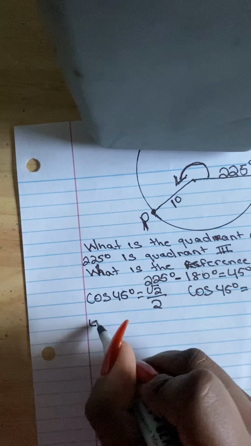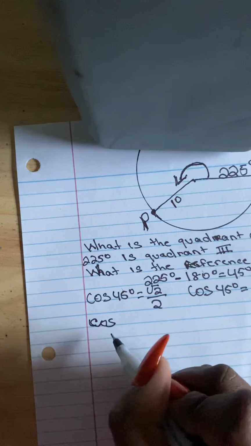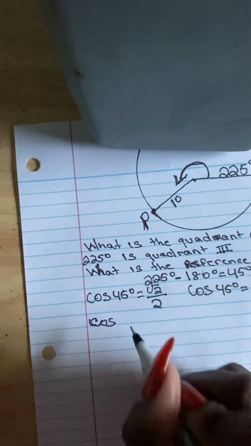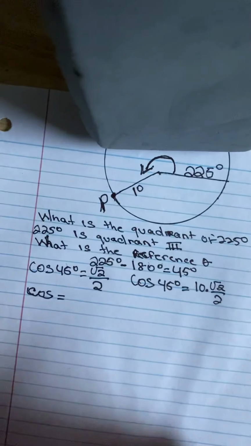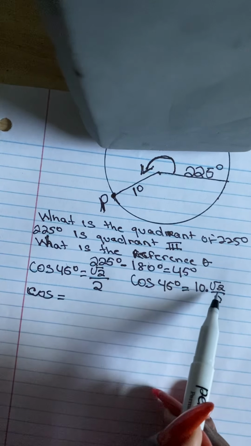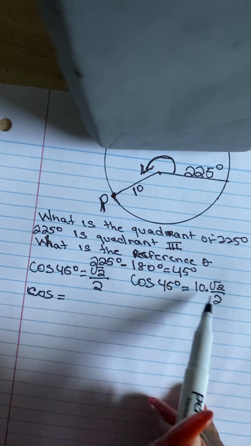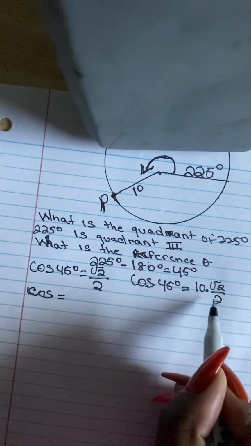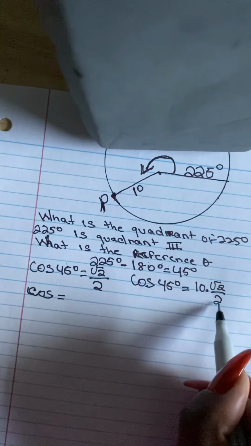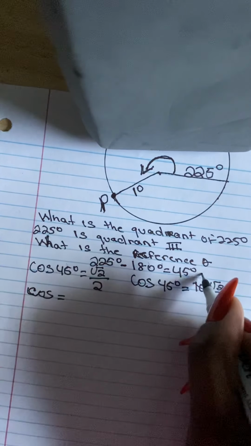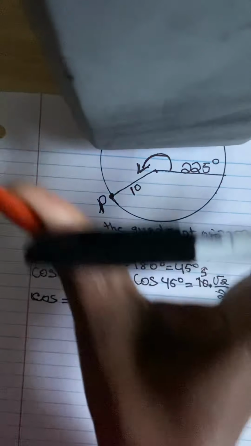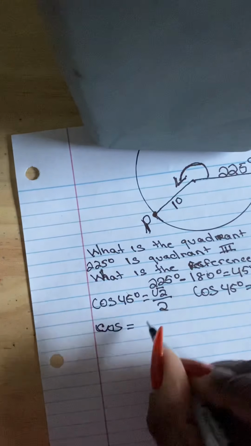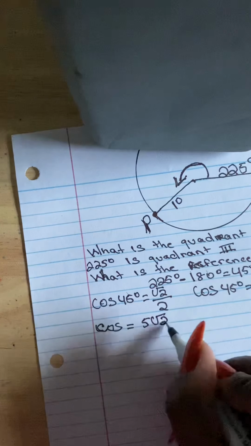Come back over here. We are going to say the cosine is, when we do this, 10 times square root of 2 over 2. We eliminate, this is going to be 5, so the cosine is going to be 5 square root of 2 over 2.